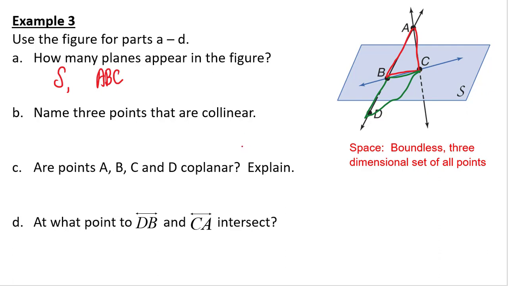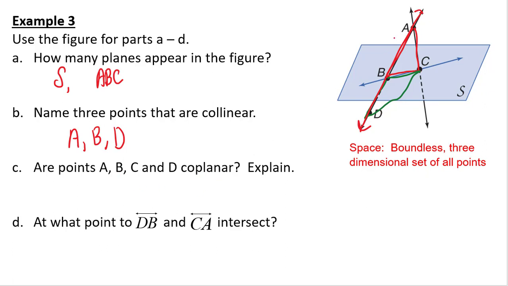Name 3 points that are collinear. So 3 points that are all on the same line. Remember, we name our points by capital letters. All of those points are on this line here. Are the points A, B, C, and D coplanar?